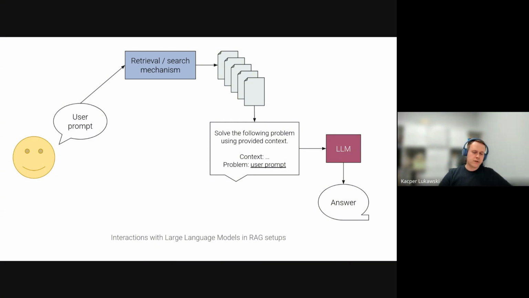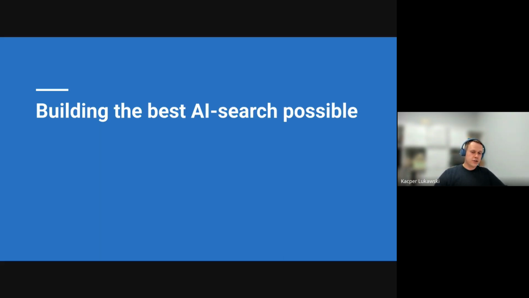Also, MCP servers are supposed to be providing that. At least some of them are created to implement this kind of inline retrieval augmented generation for your AI coding assistant. However, building search, especially AI search, is not an easy task.